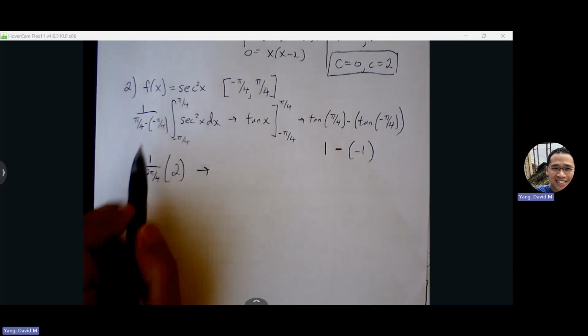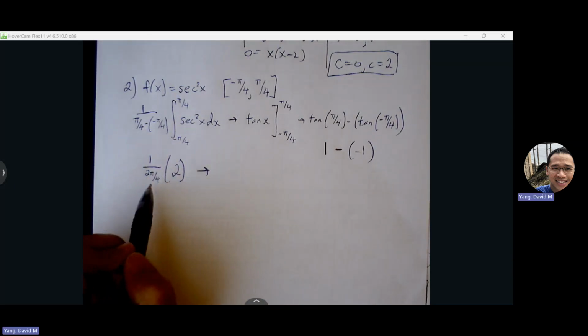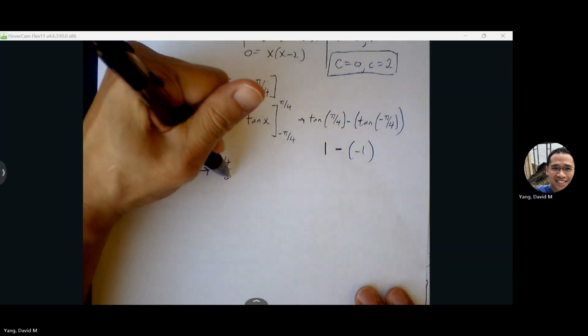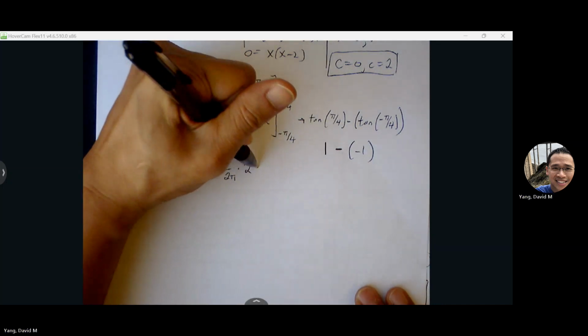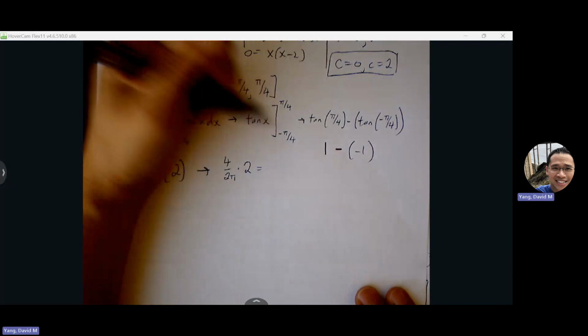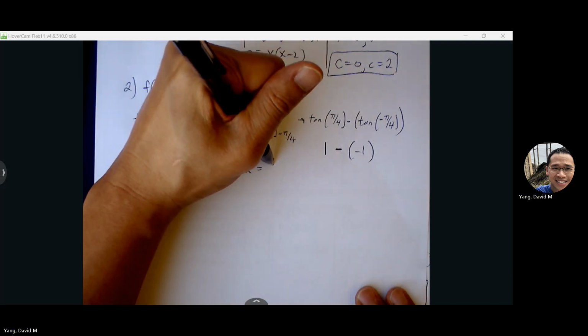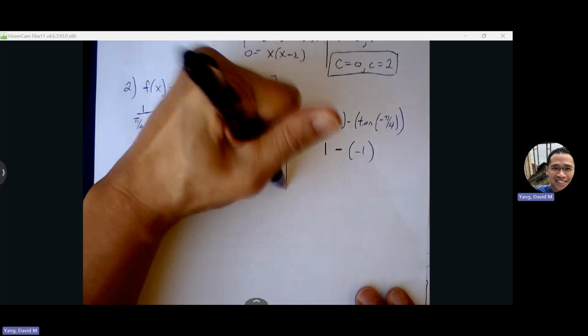Pi over 4 plus pi over 4 is 2 pi over 4. If I flip that, that's really 4 over 2 pi. We get 8 over 2 pi, which is the same thing as 4 over pi. That's our average value.